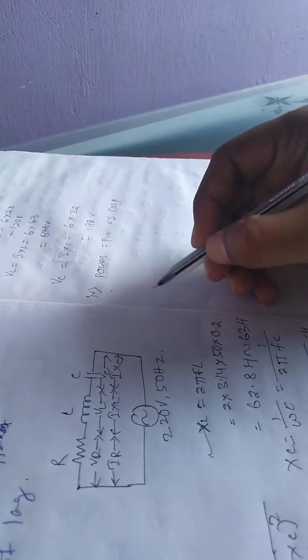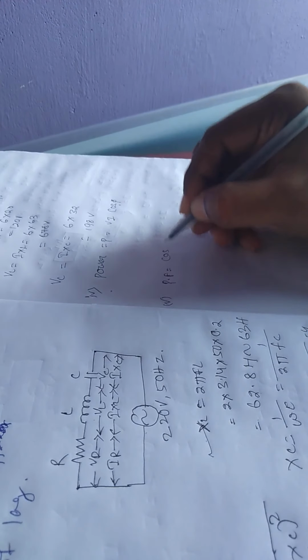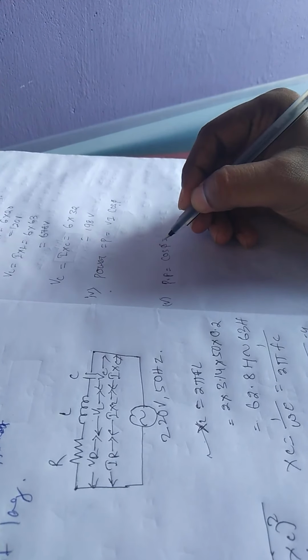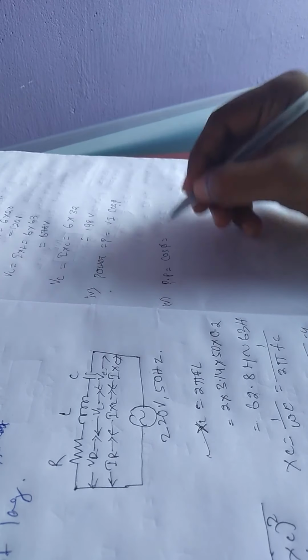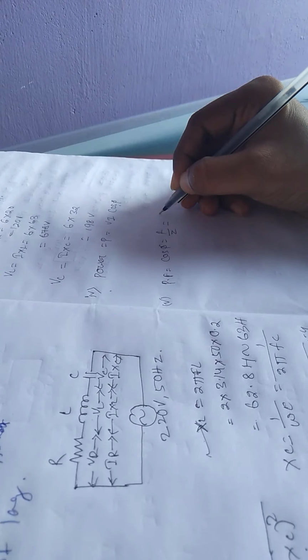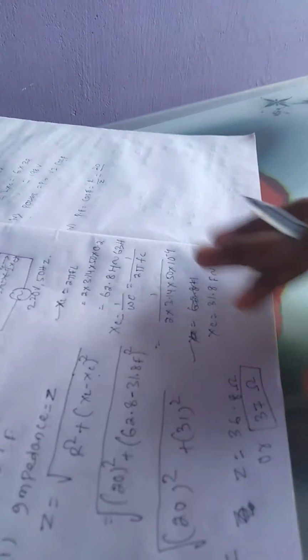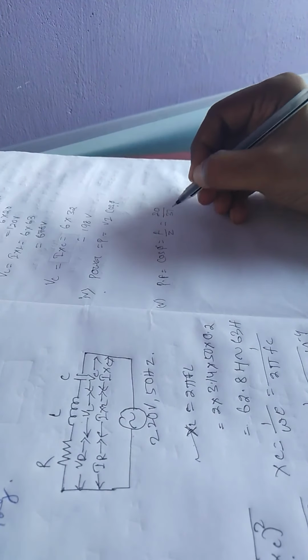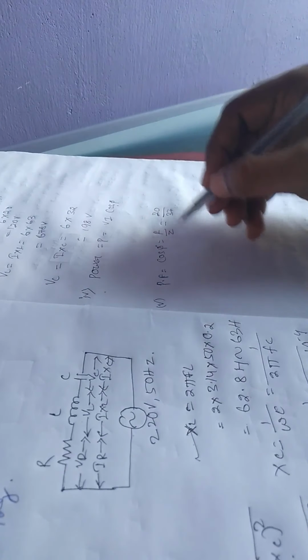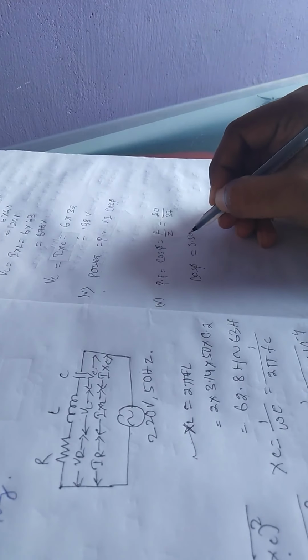So first I have to find out the power factor, which is represented as cos phi, that equals R by Z. The value of R is 20 and Z is 37 ohm, so cos phi equals 0.54.